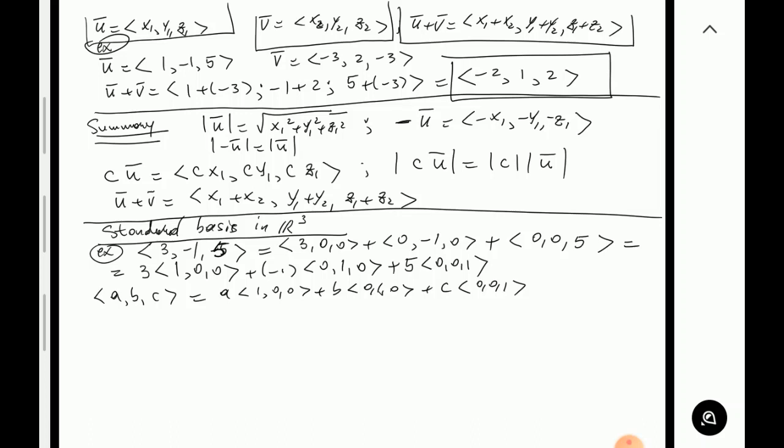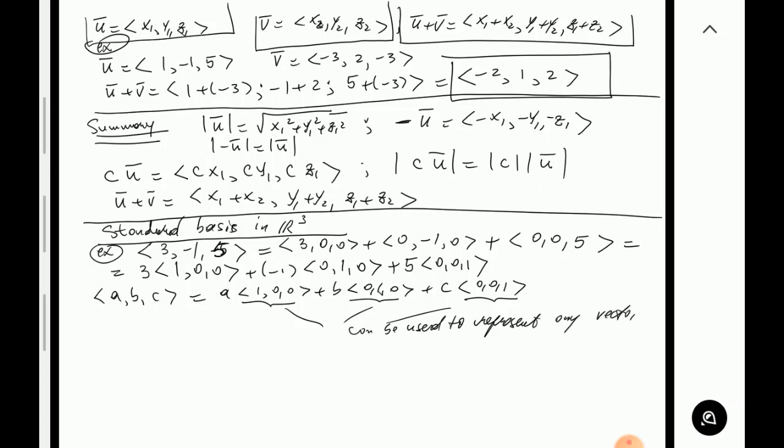So a basis in a vector space is essentially a set of vectors that can be used to represent any other vector. It turns out that these special vectors 1, 0, 0, 0, 1, 0, 0, 0, 1 can be used to represent any vector.